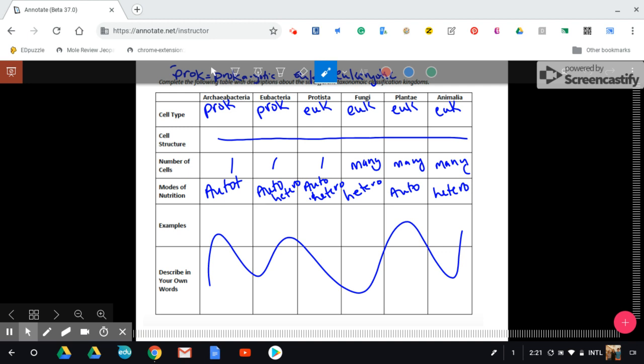For the cell types, the two prokaryotic kingdoms are the bacteria kingdoms. All other things are eukaryotic. In terms of nutrition, these three are going to be autotrophic, along with plants, and some protists and some fungi. All fungi and all animals are going to be heterotrophic.